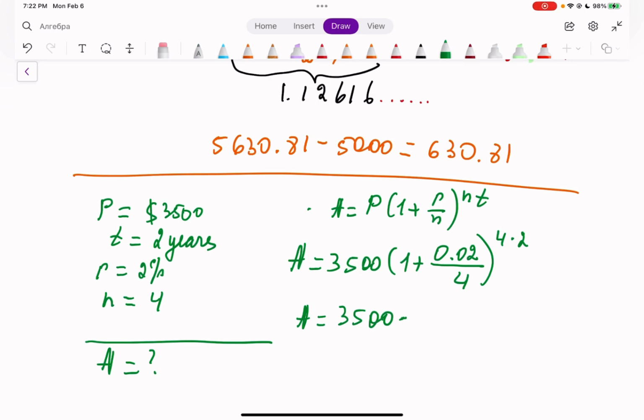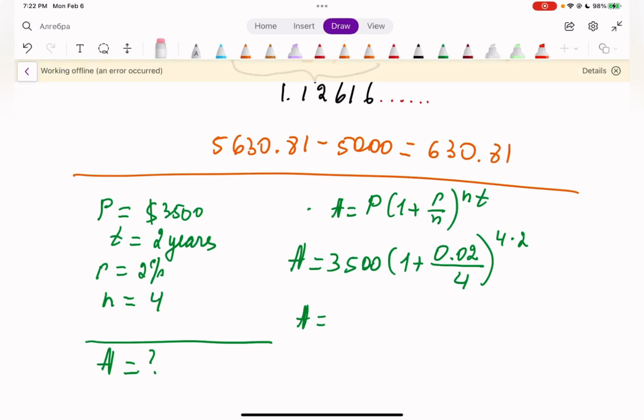I got a bunch of decimal numbers. I'm not rounding, and just this very number multiplying by 3,500. And I'm getting 3,642 point, I don't know, 47 or 48, because that's 46.